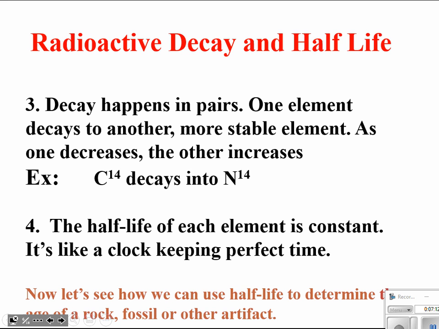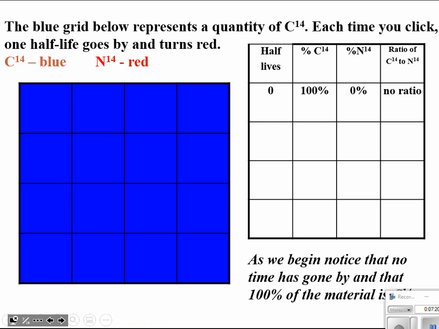Now, let's see how we can use the half-life to determine the age of a rock, a fossil, or another artifact. If I'm looking at this right here, the blue grid represents a quantity of carbon-14. Each time I hit my clicker, it's going to change, and I'm going to have less blue and more red.